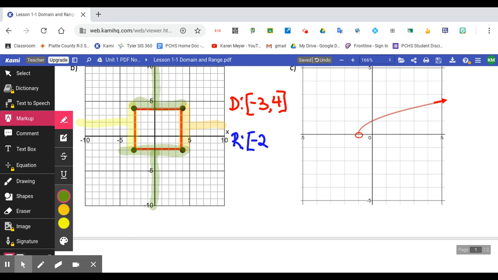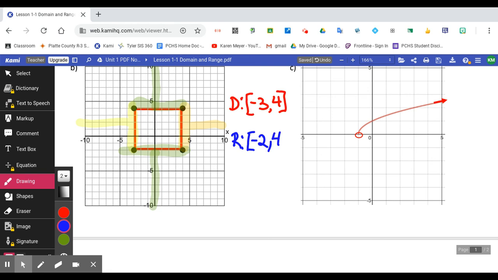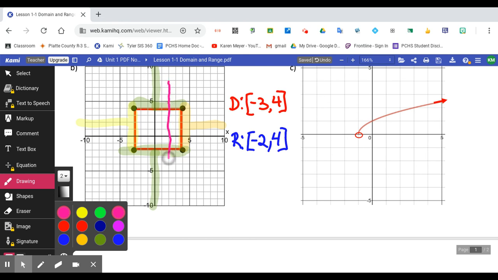And once again, we're going to hit at a solid line, and that's going to be at the y number of 4, and bracket because solid line. Now, if we're trying to tell a function on this one, whenever I draw a vertical line through it, you're going to notice that it touches the picture twice. So this one is not a function.